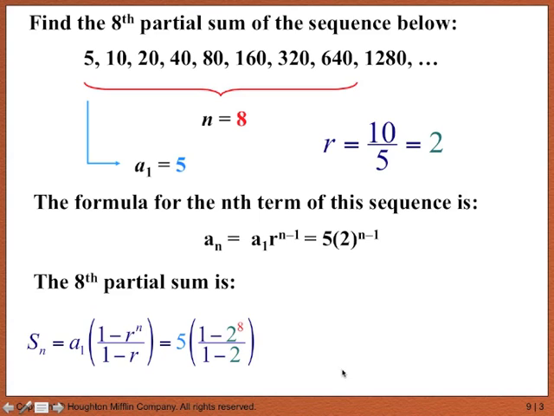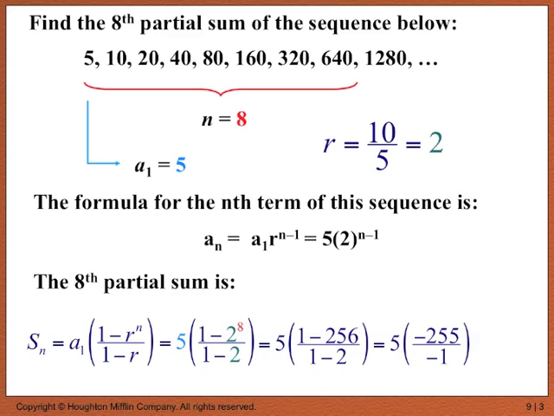Then we fill in our givens: 5 times 1 minus 2 to the 8 over 1 minus 2. And then we calculate through several steps, and we finally end up with 1,275. And that is the eighth partial sum of the geometric sequence 5 times 2 to the n minus 1.